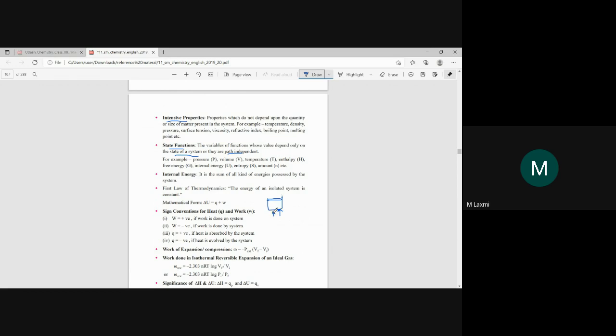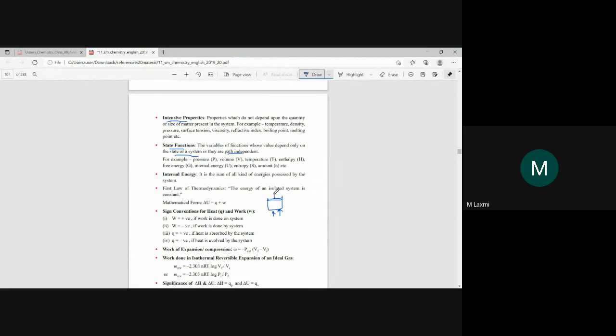So when I apply heat, there is a change in the internal energy of the system. The molecules gain kinetic energy, they start moving faster, they vibrate faster. And the piston moves upwards because the gas is expanding.